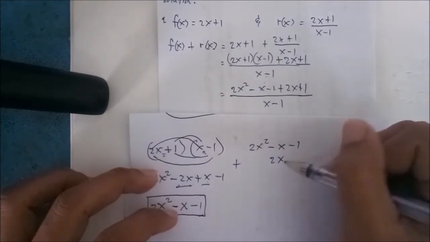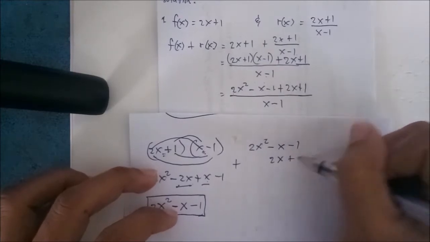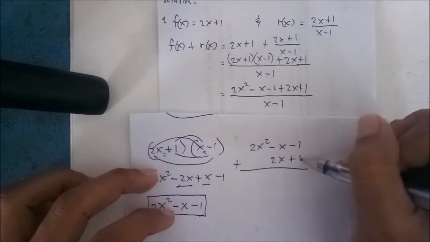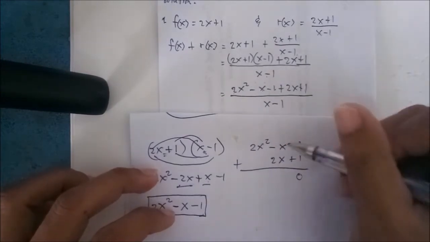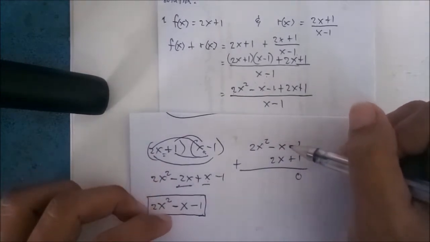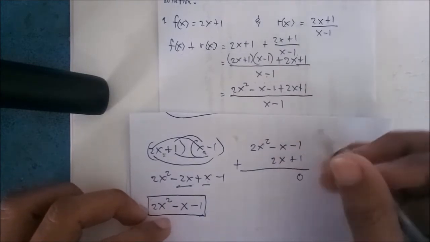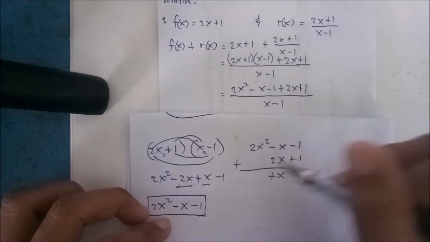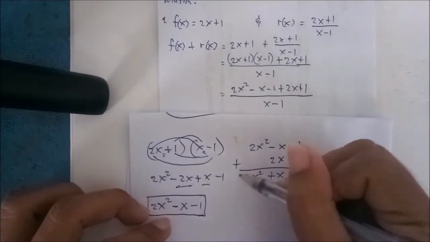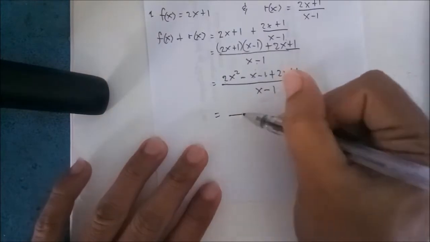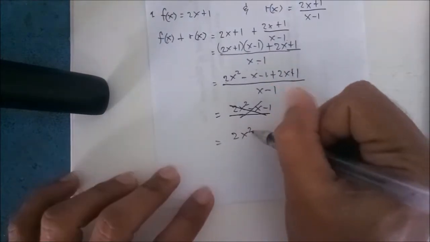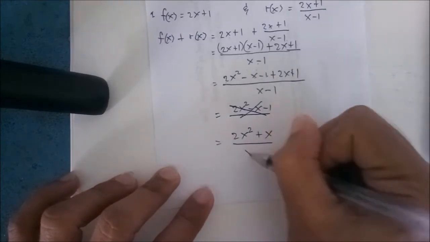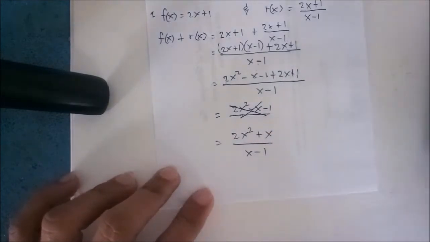Negative 1 plus 1 equals 0. Negative x plus 2x equals positive x. Bring down 2x squared. So the answer is 2x squared plus x over the denominator x minus 1.